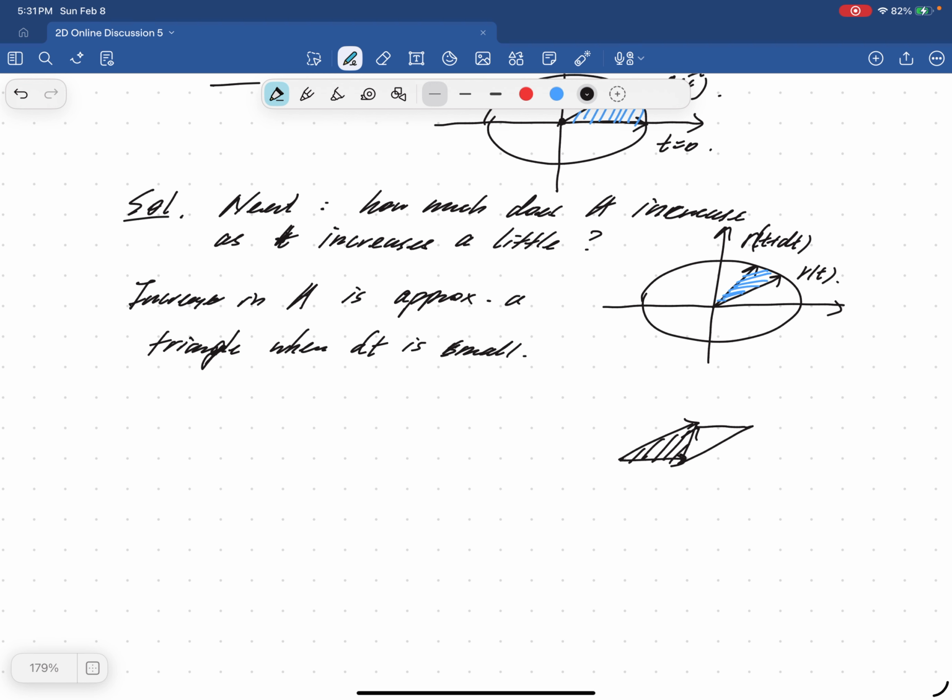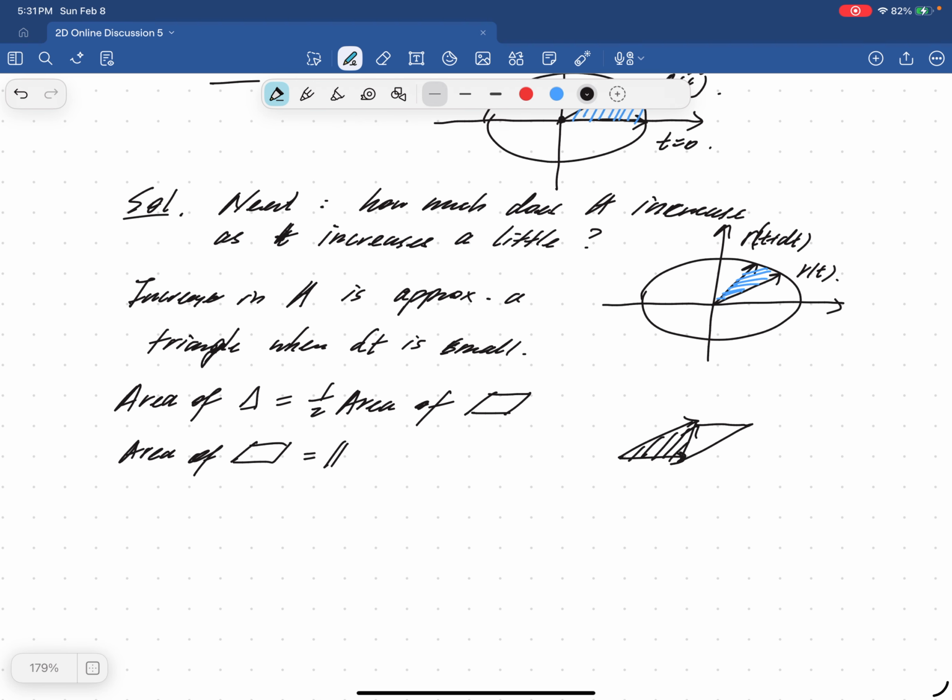And so the area of the triangle equals 1/2 the area of the parallelogram, and the area of the parallelogram is equal to the size of r(t) cross r(t + dt) minus r(t).